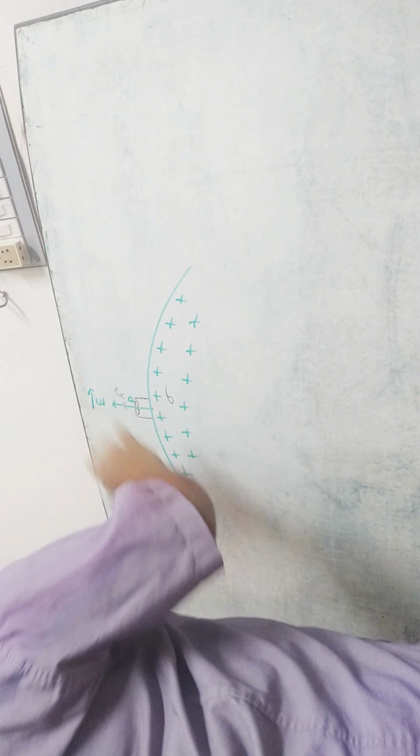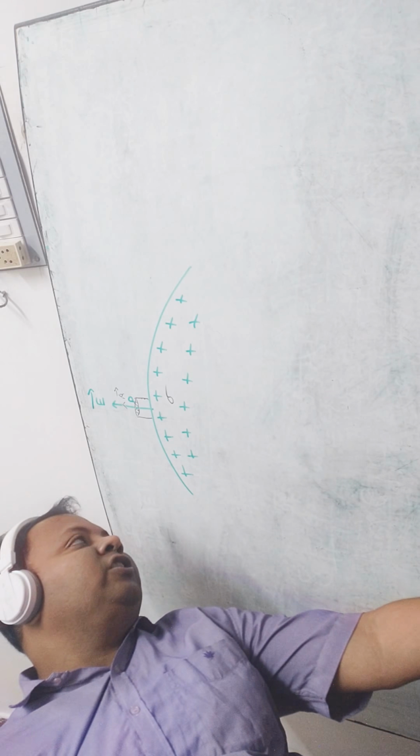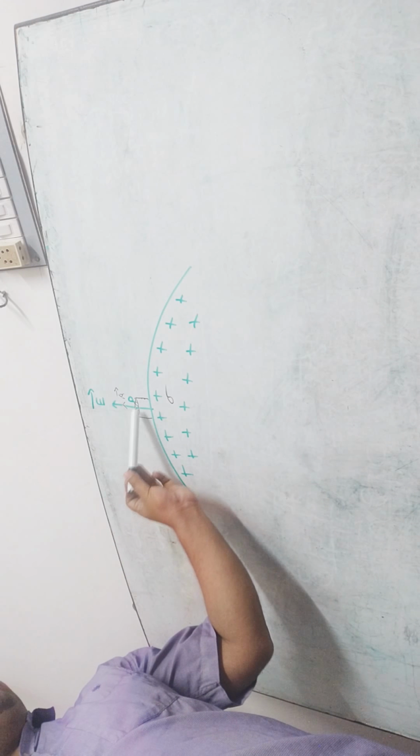P is the point on the circular surface of the cylinder.